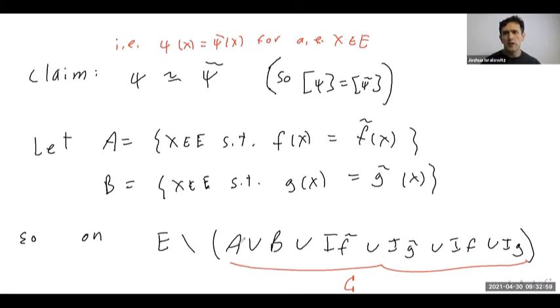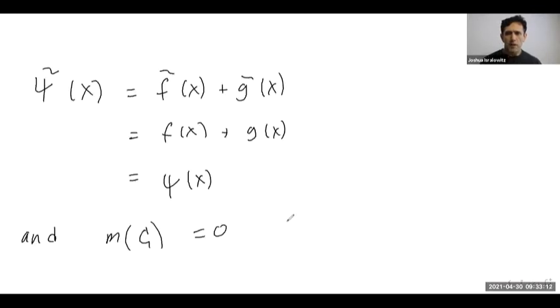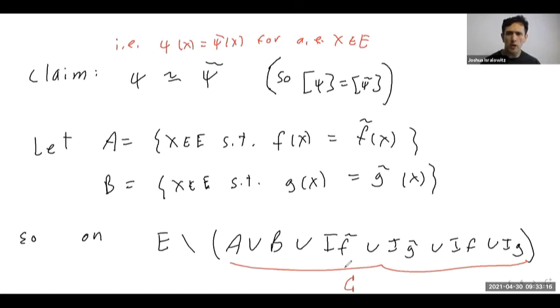Each one of these 6 sets has measure 0, and we know the countable union of sets of measure 0 is measure 0. So, okay, right.